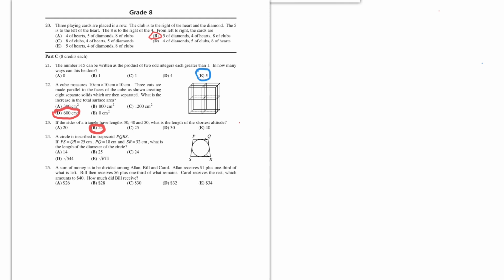Number 24. A circle is inscribed in trapezoid PQRS. If PS equals QR equals 25 centimeters, PQ equals 18 centimeters, and SR equals 32 centimeters, what is the length of the diameter of the circle? Let's draw the trapezoid.